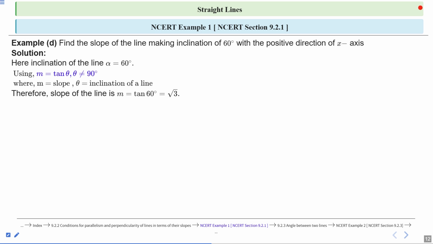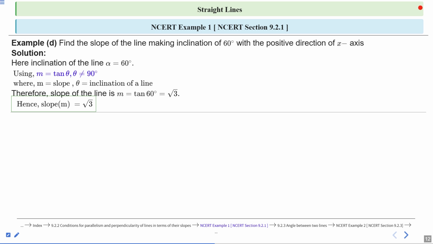Therefore the slope of the line is m equal to tan 60 degrees. It is known that the value of tan 60 degrees is root 3. So the slope of the line, m, is equal to root 3.